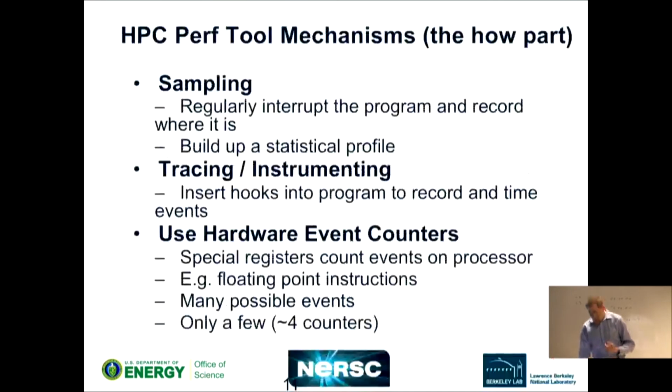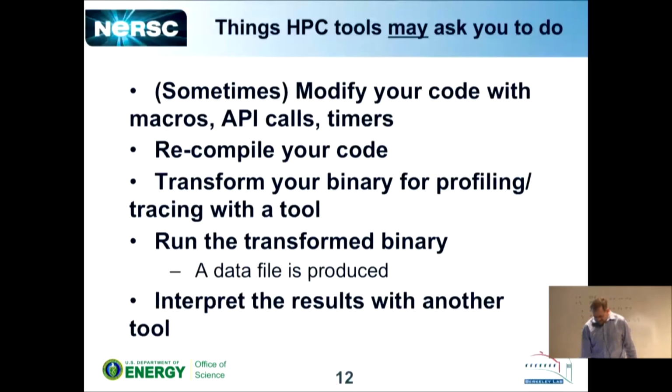And one of the things that NERSC does is we try to point out that, gee, wouldn't it be nice if we could measure 24 or 100 counters per run, and get hardware and software vendors to implement those ideas. So when you pick up a tool to use it, a tool may ask you to modify your code directly, or it may implicitly recompile or transform your code.